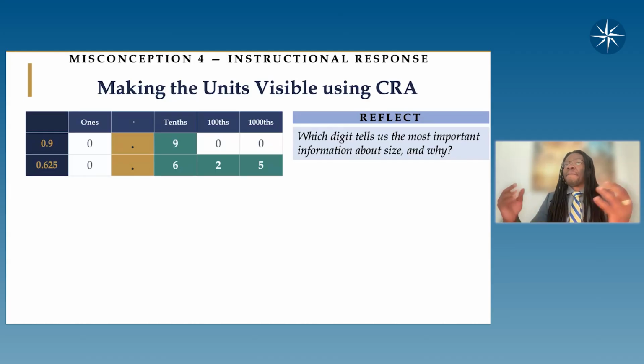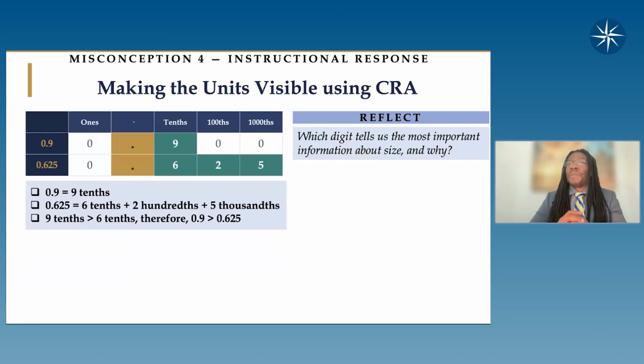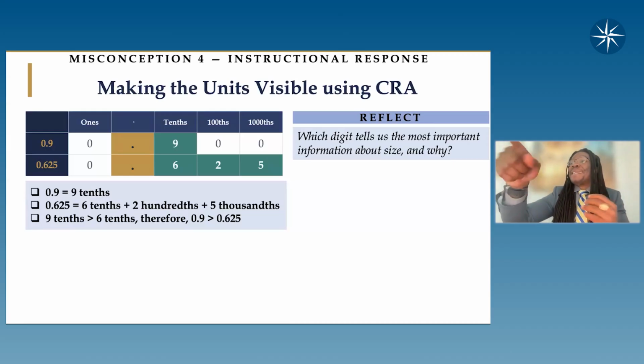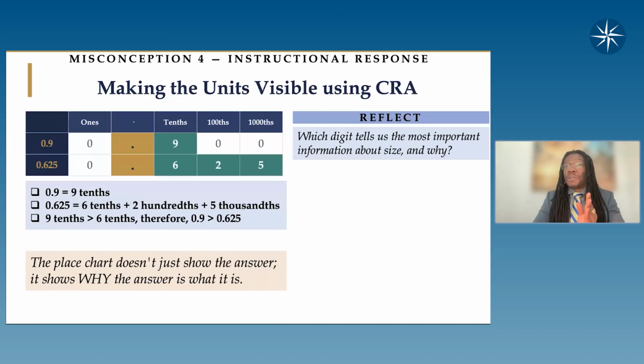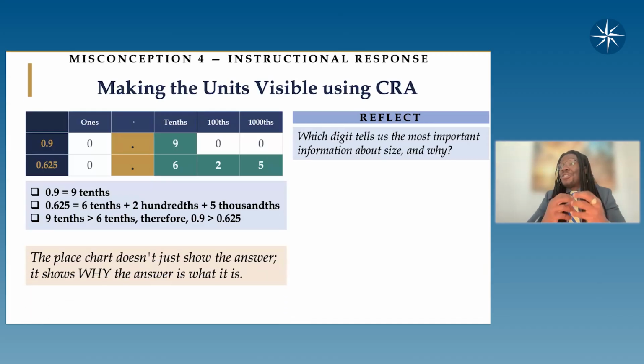Right there, they should be able to see that 0.9 is 9/10, and 9/10 is greater than 6/10. That's the only digit that matters here. It doesn't just show the answer, it also shows them why in terms of magnitude of numbers.